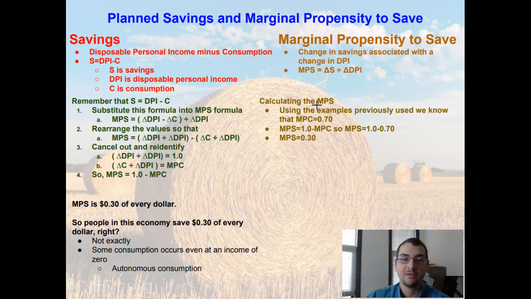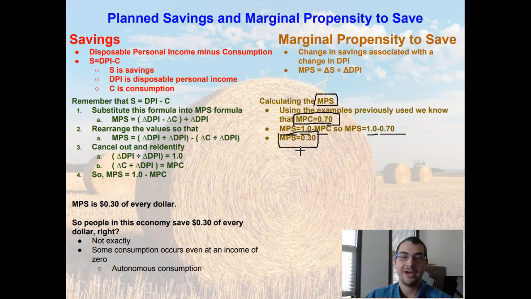So when you're calculating marginal propensity to save, you're going to take the marginal propensity to consume, this MPC. So MPS equals 1 minus this MPC, so 1 minus 0.7, to where in our example out of the book, the marginal propensity to save is 30 cents.